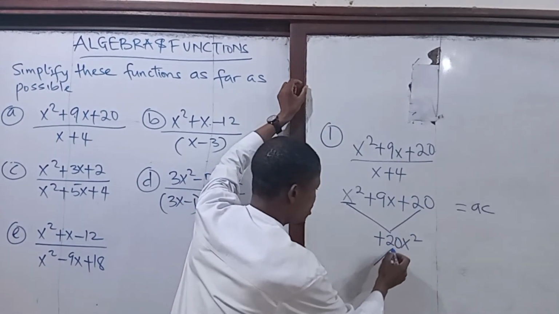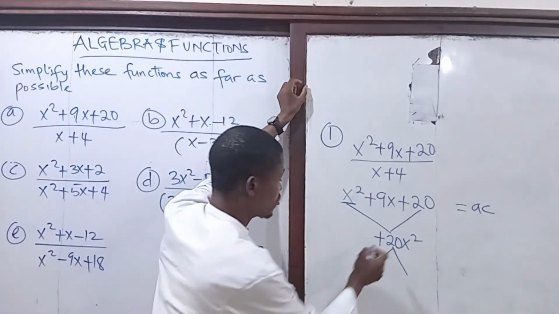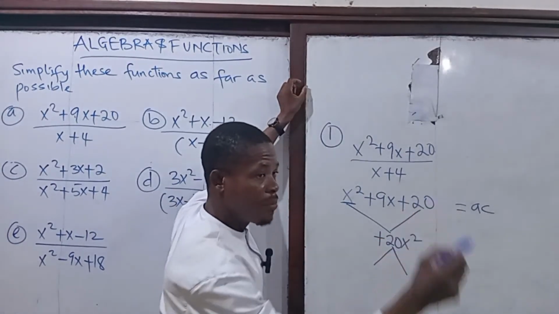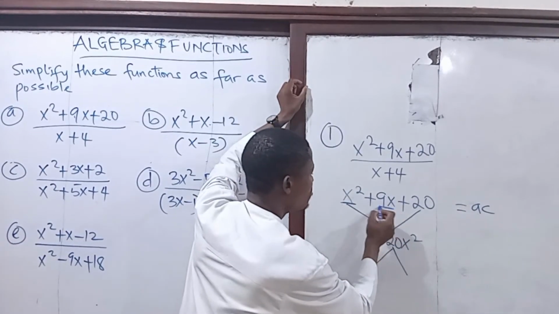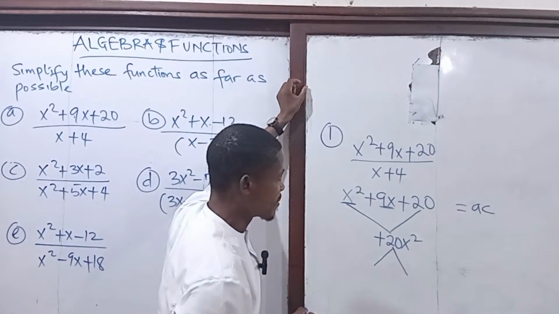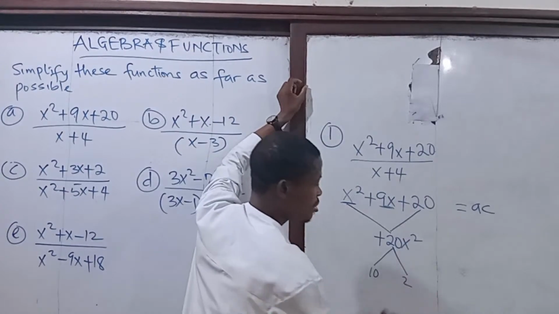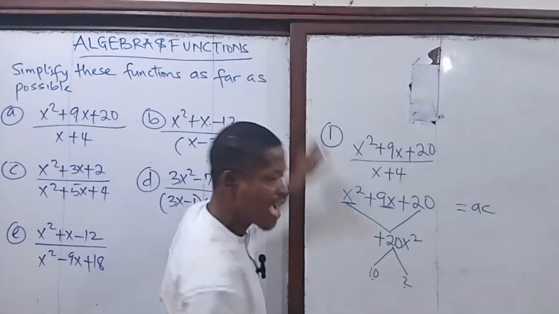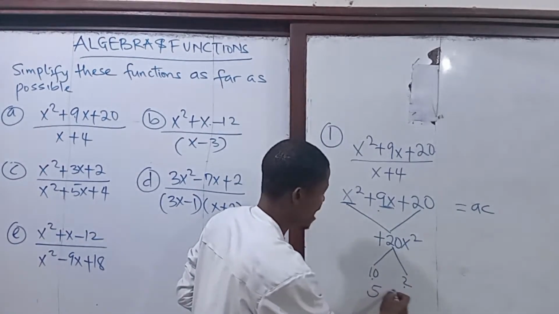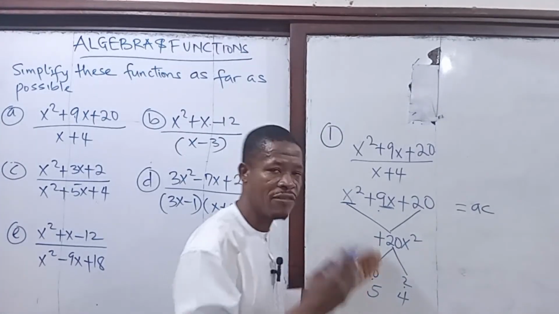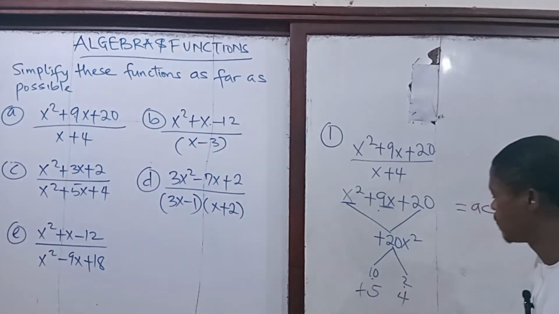The thing to do is to look for two factors of 20, whereby when you add or subtract the two factors, it must give you the middle number. So what are the two factors of 20? It could be 10 and 2, but 10 and 2 can never give you 9. Let's check another factor. That could be 5 and 4. So how do you use 5 and 4 to generate plus 9? That will be plus 5 plus 4.